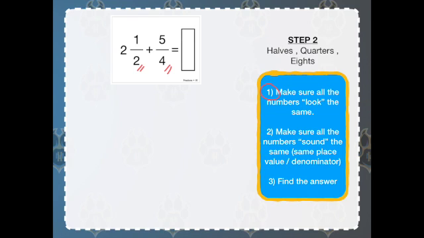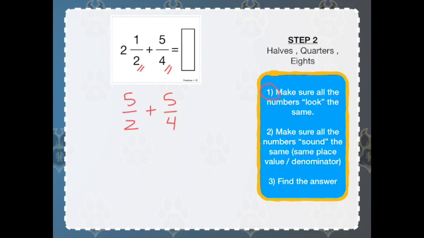So I will start by taking 2 1/2 and switching it to an improper fraction, 5/2, and 5/4 is already the same. Now, going from 2 1/2 to 5/2 is really explained in detail in the previous videos, so we're not going to spend a lot of time with that here.